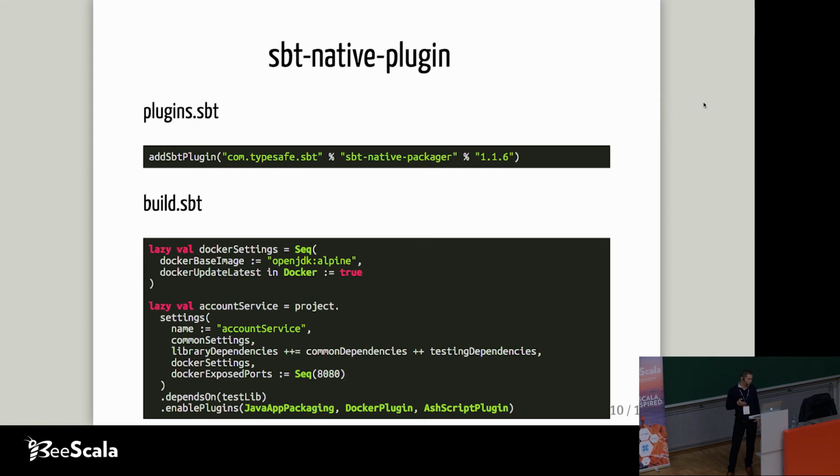So the configuration is pretty straightforward. It's very simple. What I was declaring is two Docker settings. One is the base image, the Linux image that I want to use. I'm using Alpine because it's quite a small Linux distribution. It's quite light.